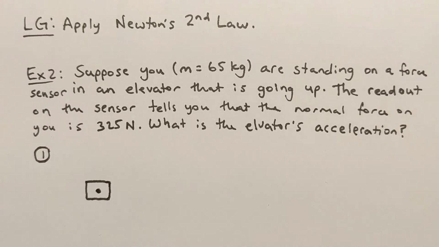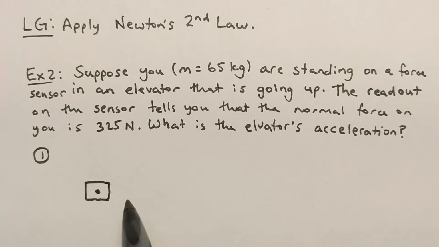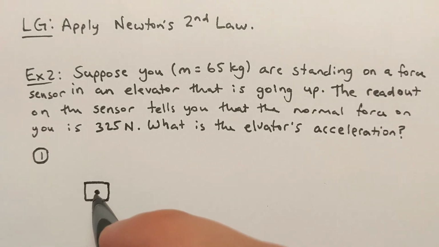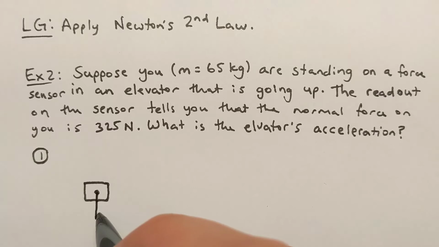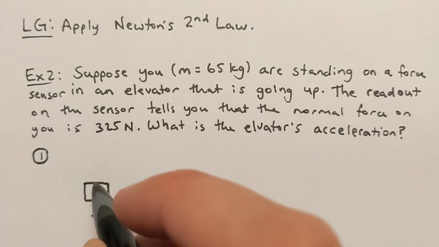So imagine that box represents the person that's standing inside of the elevator with a mass of 65 kilograms. The forces acting on this person standing in the elevator are going to be the force of gravity. So the force of gravity is pointing down. And the normal force, which is pointing up.